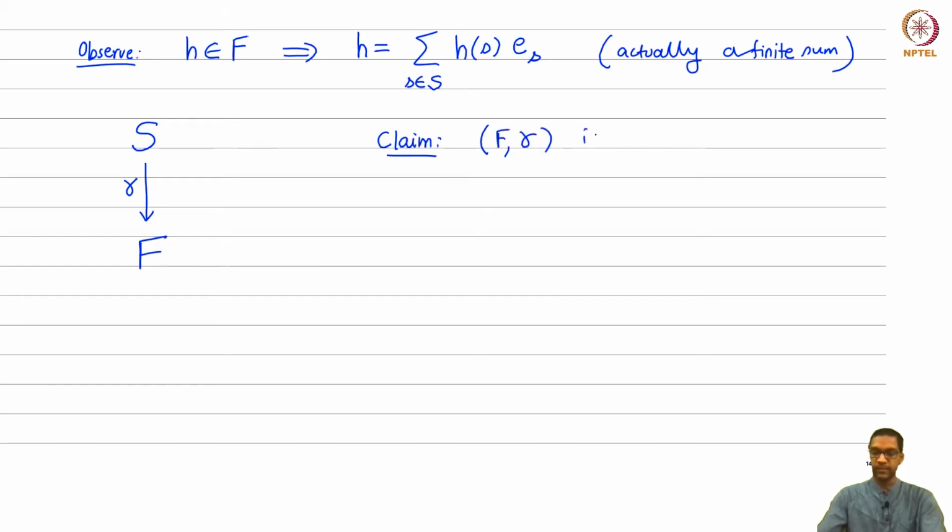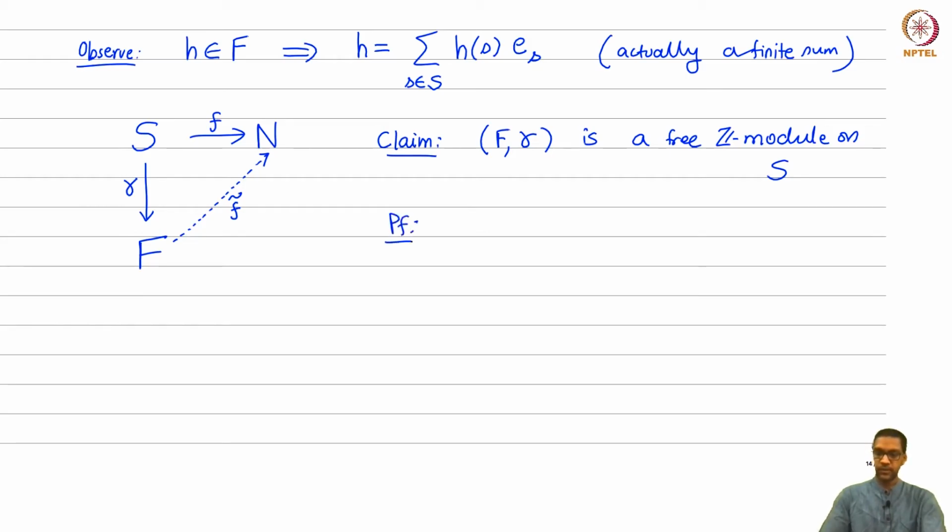So F with gamma is a free Z-module on S. In other words, given any Z-module N and any function f, I need to show that there exists a unique group homomorphism from F to N which makes this diagram commute. Okay, so let's prove this.